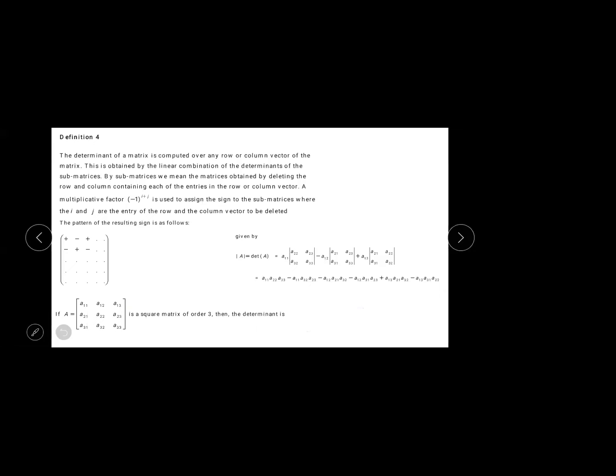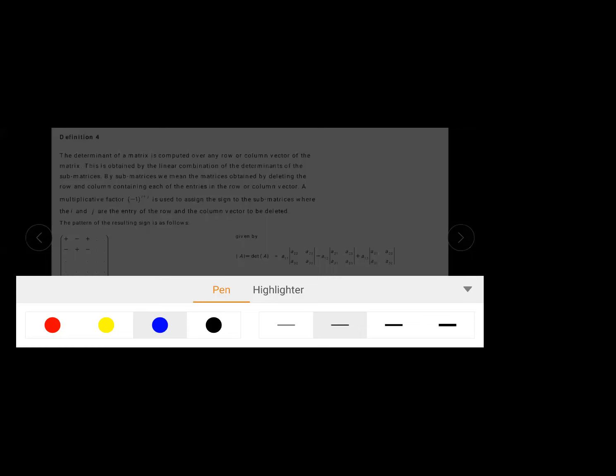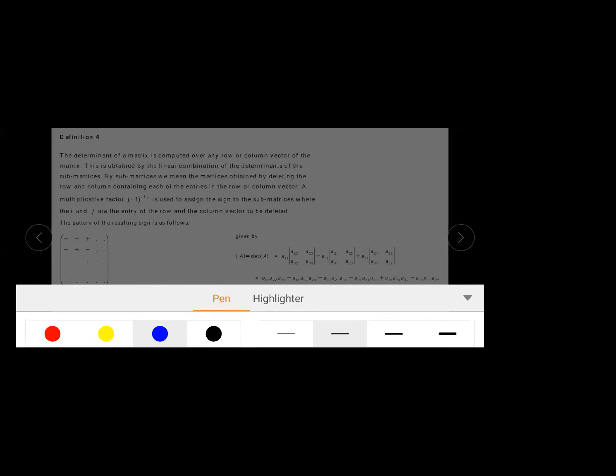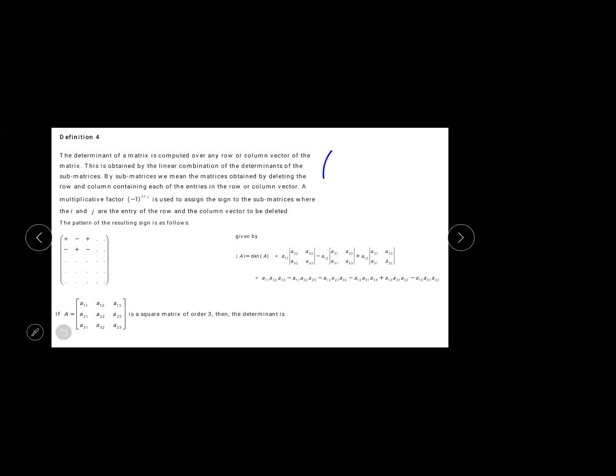So what we just need you to know here, let me use the pen to write for a better understanding. If you look at the first one, we have something of this nature: 2, 3, 4, 5. What will be the determinant of this?